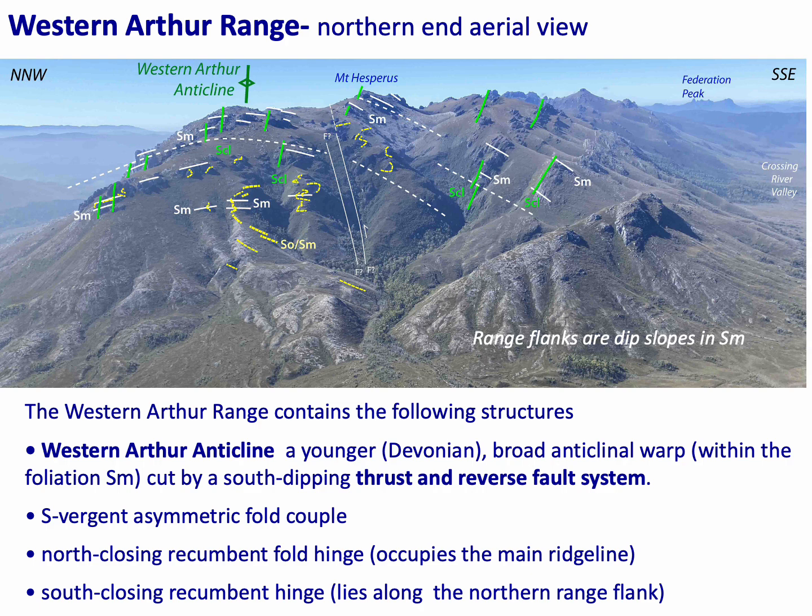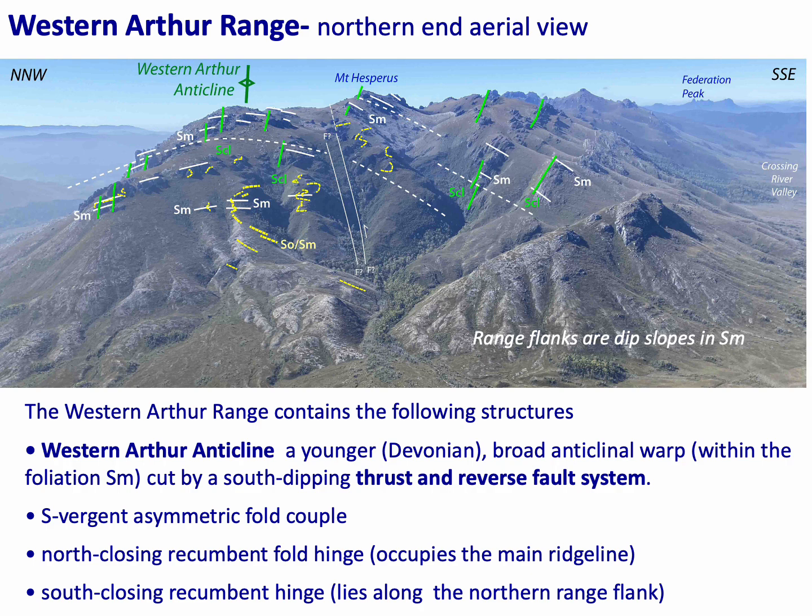This aerial helicopter view at the northern end of the Western Arthur Range shows the range is dominated or held up by the Western Arthur anticline, a younger broad open anticline. The anticlinal hinge coincides with the topographic high of the range, and the range flanks, defined by dip slopes in this foliation, are the limbs of the anticline.